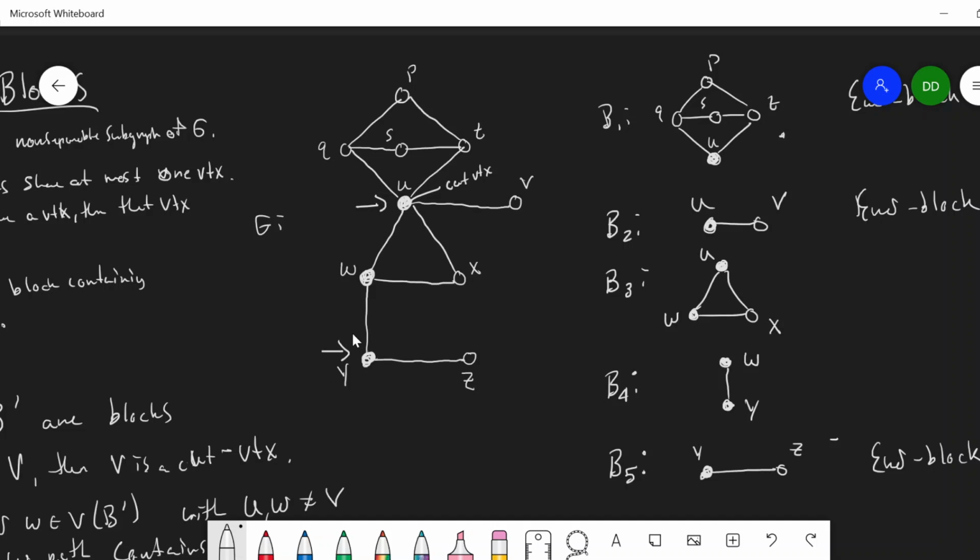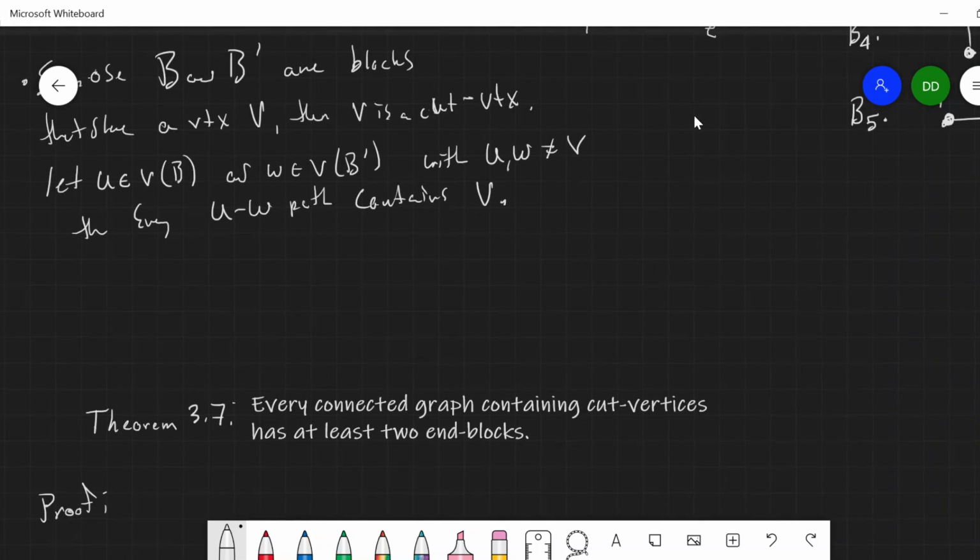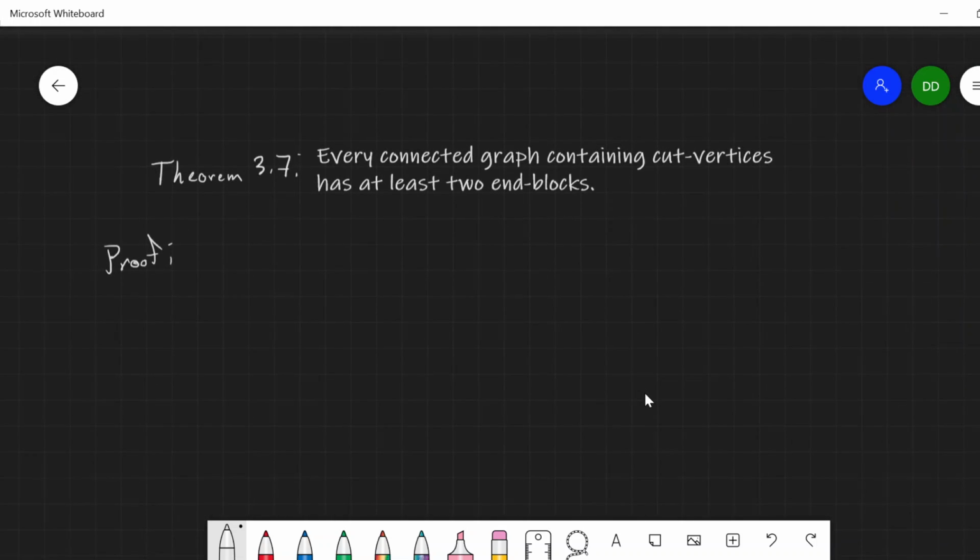So we take these 2 cut vertices, and the idea is that U is going to be a part of a block that doesn't involve the path from U to Y. Similarly, Y is going to be a part of a block that doesn't contain the path from Y to U. Those are going to be the end blocks. So let's see how this works.